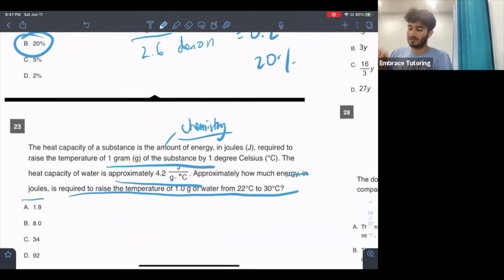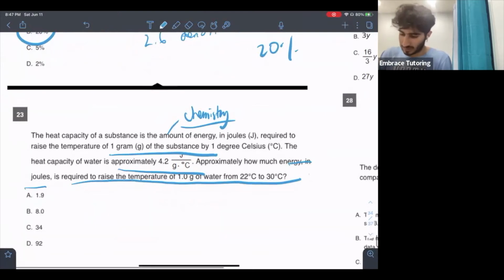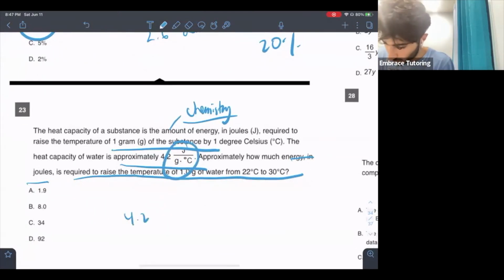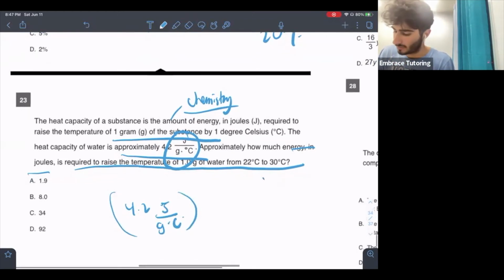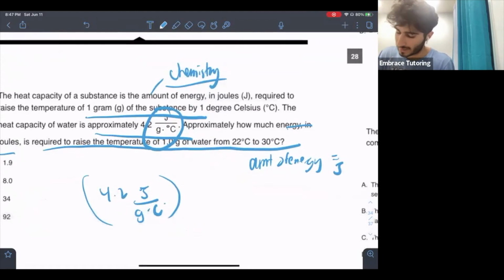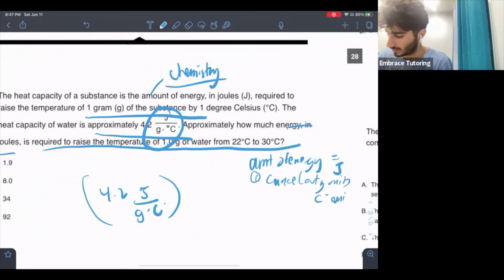So what you have to do here is realize the units. You have 4.2 joules per gram times Celsius. The goal is to find the amount of energy, which is measured in joules. So we have to cancel out the gram units and degree Celsius units.